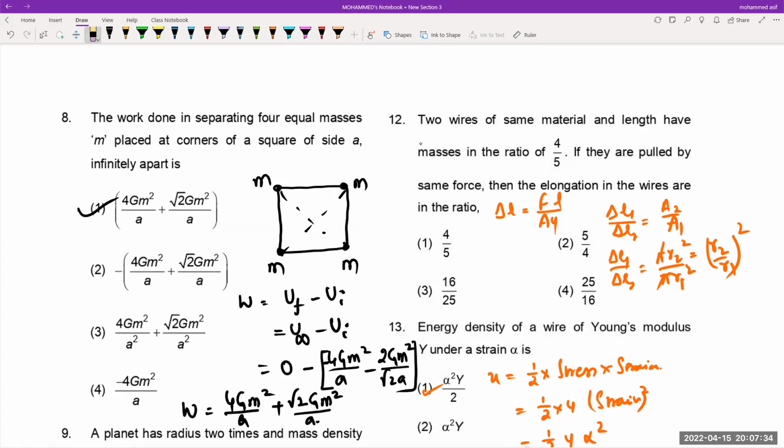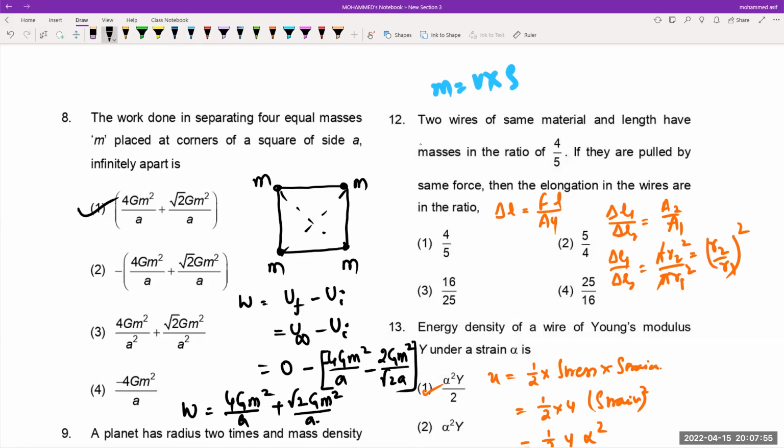Two wires of same material and the length have the masses in the ratio, mass दे रखा है अपने पास, यानी मास कैसे लिख सकता हूँ मैं बेटा? देखो, mass is written as volume into density. ठीक है ना?